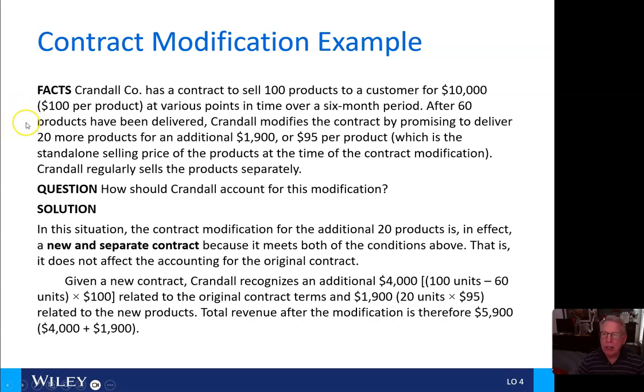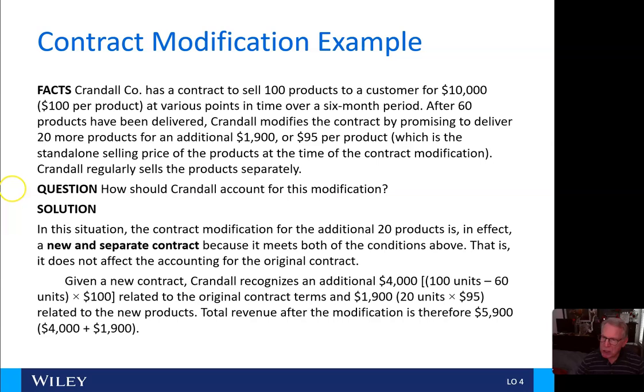After 60 products have been delivered, Crandall modifies the contract by promising to deliver 20 more products for an additional $1,900, or $95 per product, which is the standalone selling price of the products at the time of the contract modification. Crandall regularly sells those products separately. So, how should Crandall account for this modification?